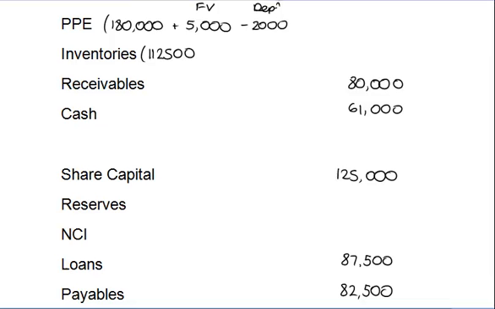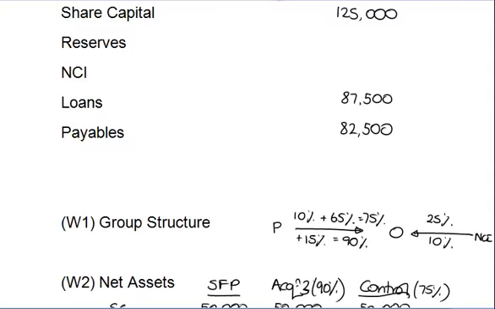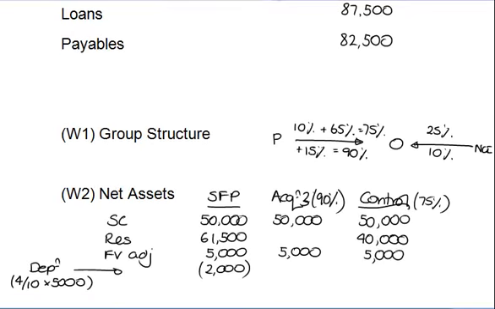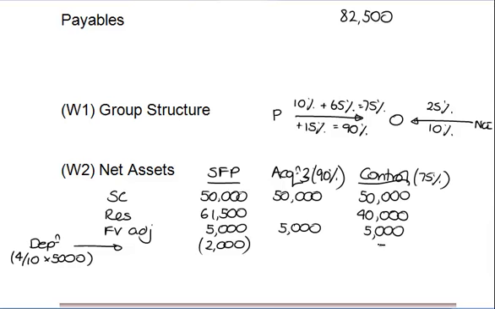However, we also bought some shares in AL on the 1st of January X5. So we've got to consider this other adjustment, or this other acquisition date. So what I'll also say is that between the 1st of January X4 and the 1st of January X5, we'd have also been charging depreciation. You charge depreciation every year.